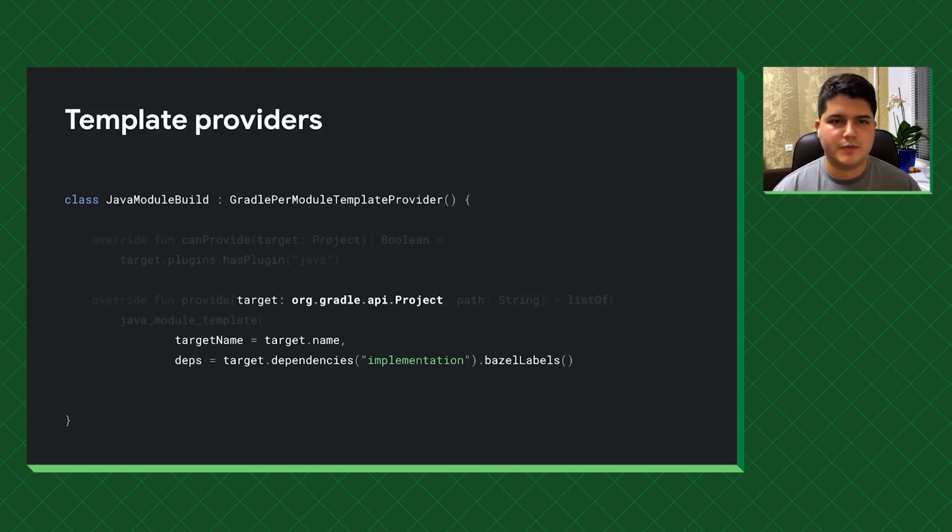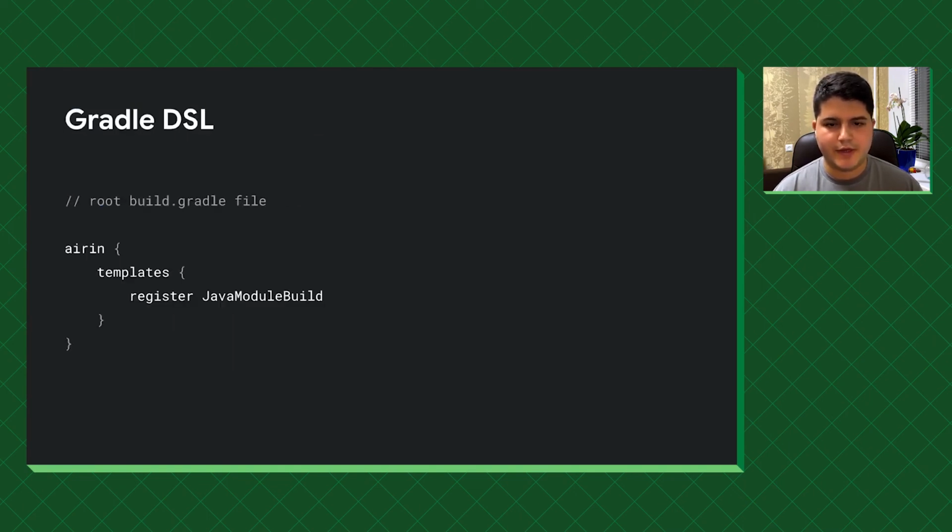So please don't be confused with that. So in this case, this function would be called for each Gradle module in the project. And for each of them, we would retrieve the specific data from that module. For example, we can have the name of the module, and we also can retrieve the list of dependencies that is used in this module. And this is how it can be done.